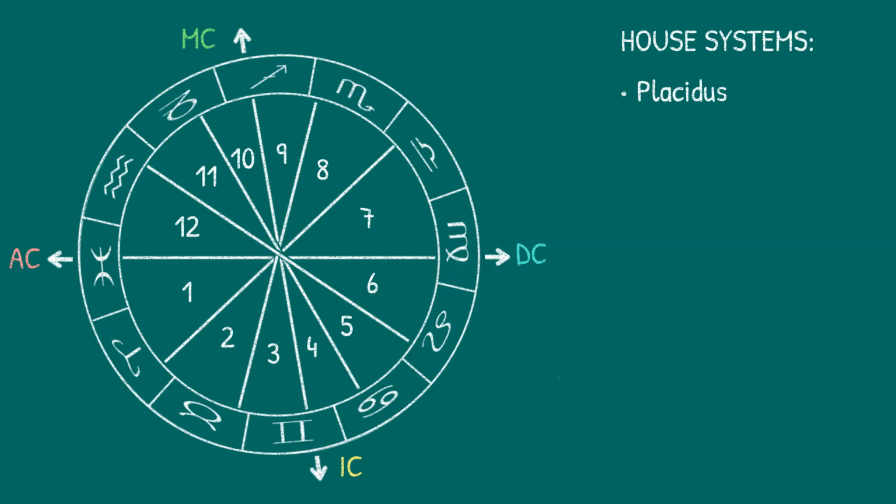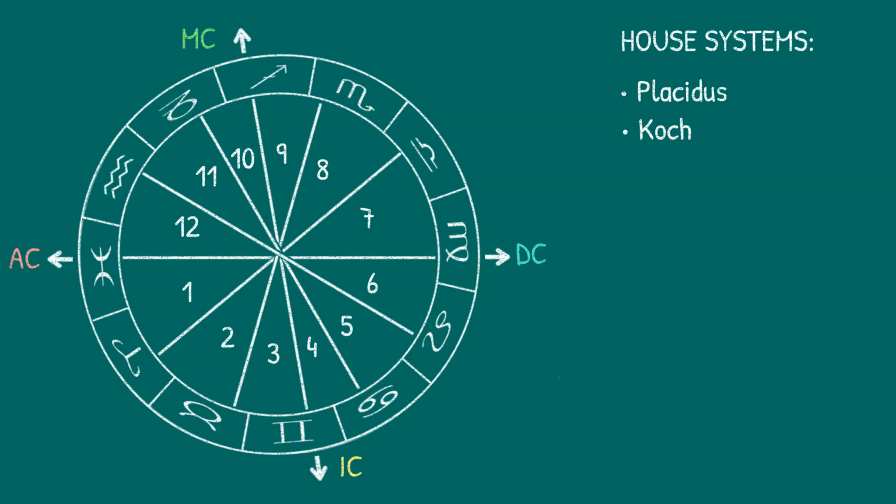Now, let's look at another, less popular house system called Koch. Pay attention to the houses for a moment, because they will shift soon. This is the same birth chart calculated using the Koch method. And as you can see, the difference in the houses is really minimal.